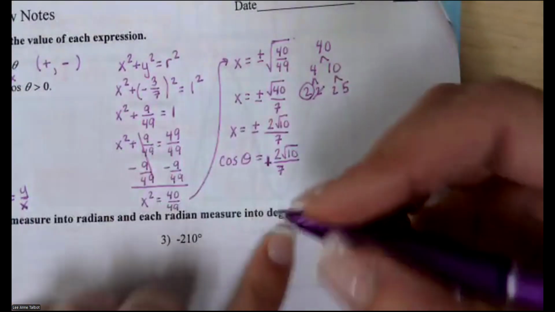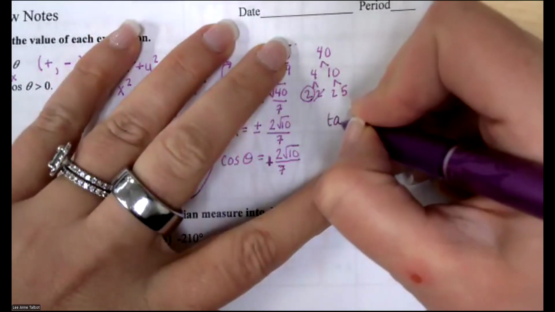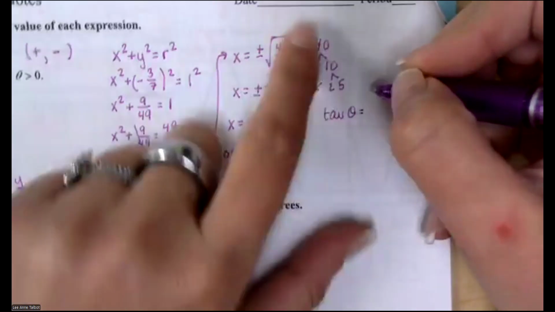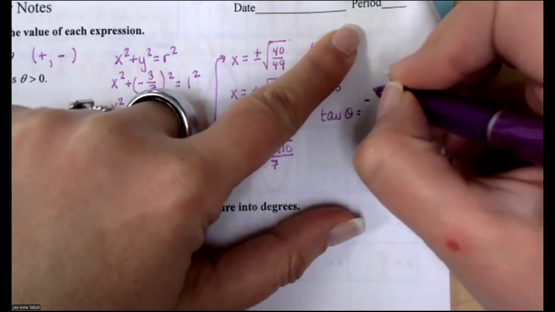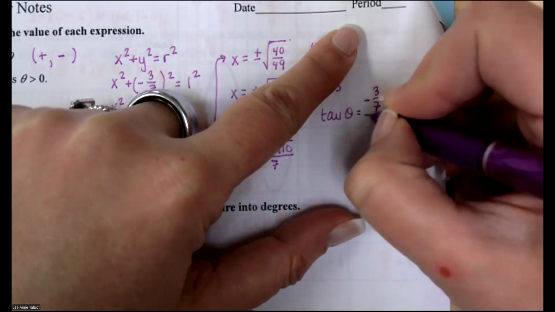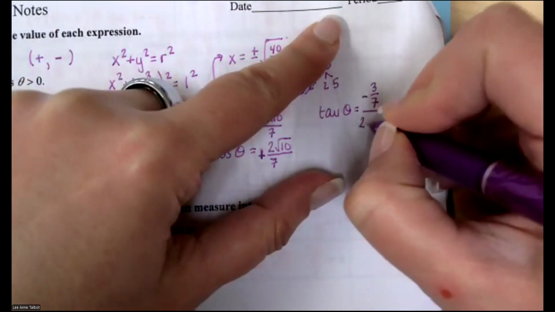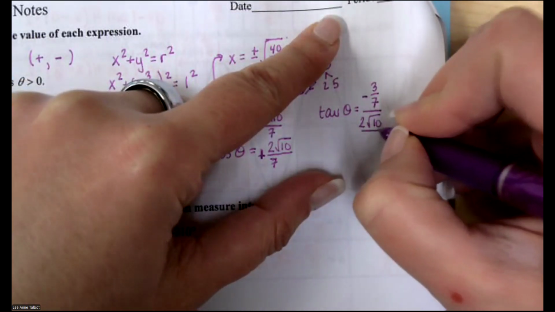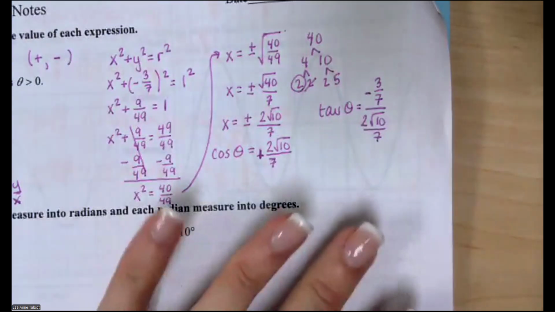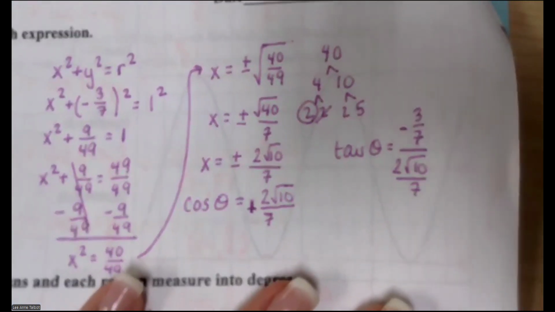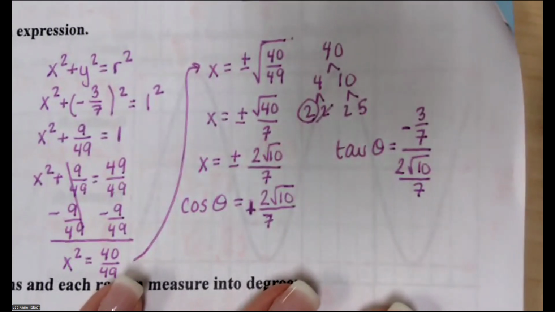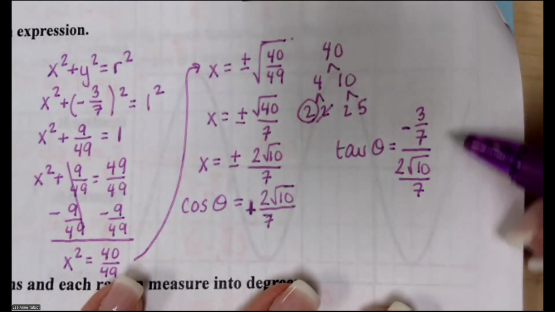Okay, so over here, I'm going to say tan is sine over cosine. Do you see where this came from?